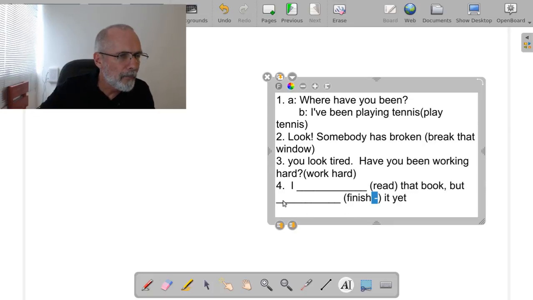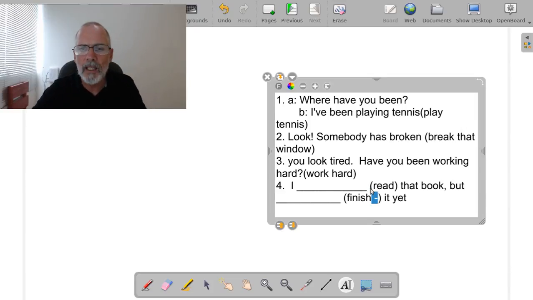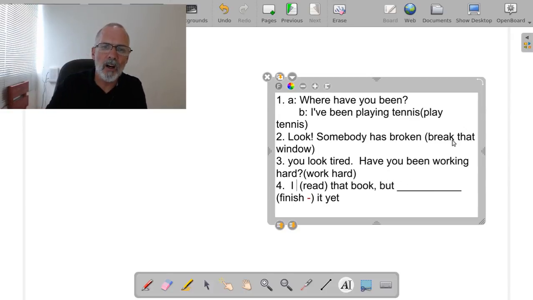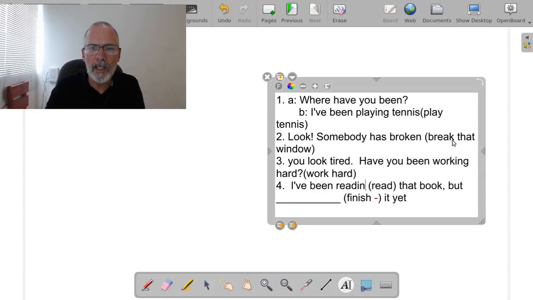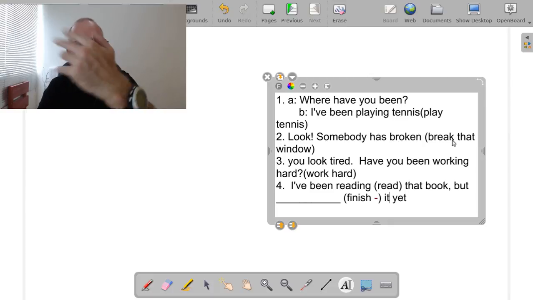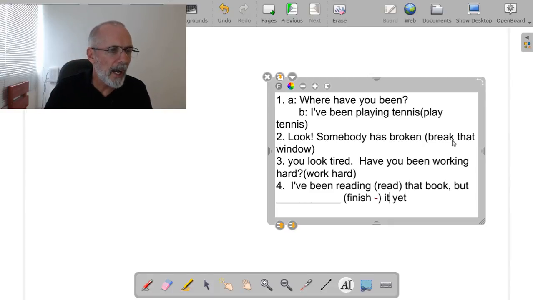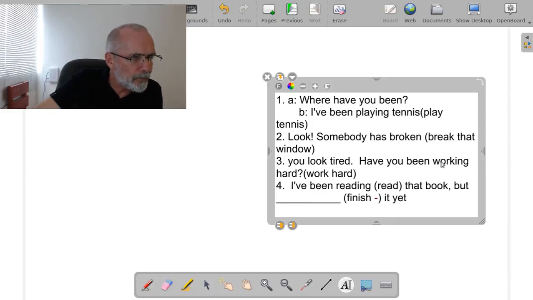Yeah, Graciela, I have been reading, and Sarah, I have been reading that book. Very good. This is that ongoing activity. I've been reading that book. It's an ongoing activity, but I have finished it yet. The last bit needs to be in the negative because yet we can only use with negatives.